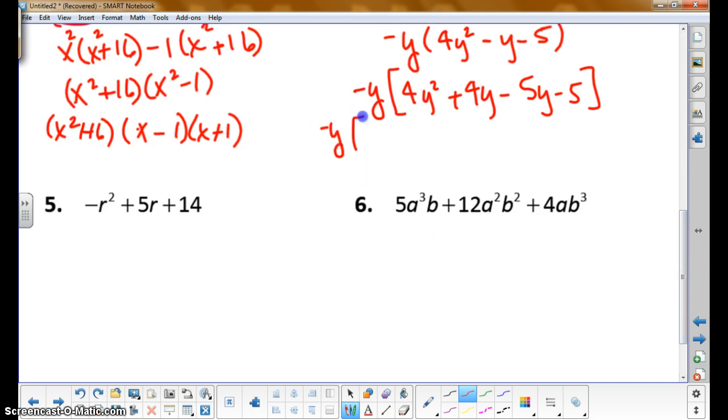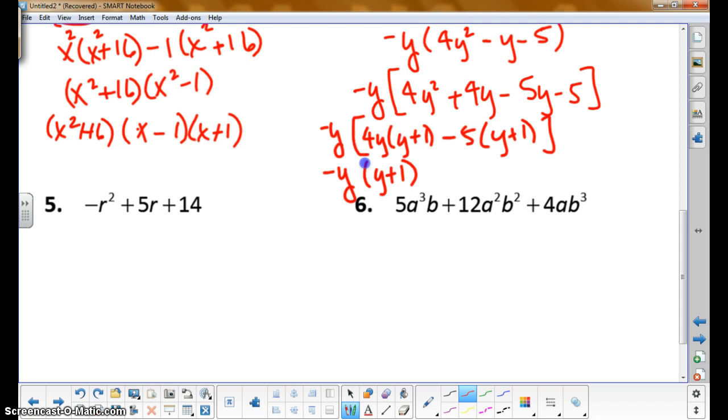Negative y is still going to write, and we have 4y times y plus 1 minus 5 times y plus 1. Negative y, y plus 1, and 4y minus 5.